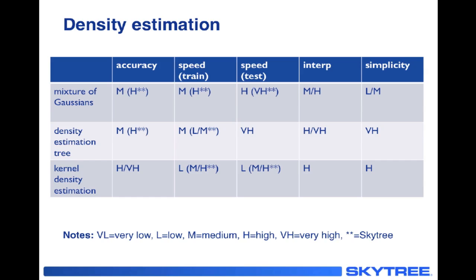So the Skytree versions, for example, are state-of-the-art versions. And that's a little different. You can often go up at least one category with the state-of-the-art version. Okay, so there's a way to be more accurate with a mixture of Gaussians. Speed, medium. Train and test, the way to go much faster.